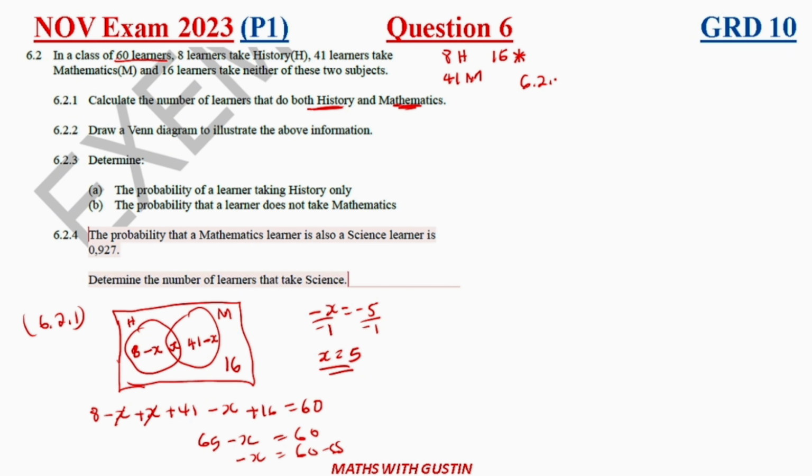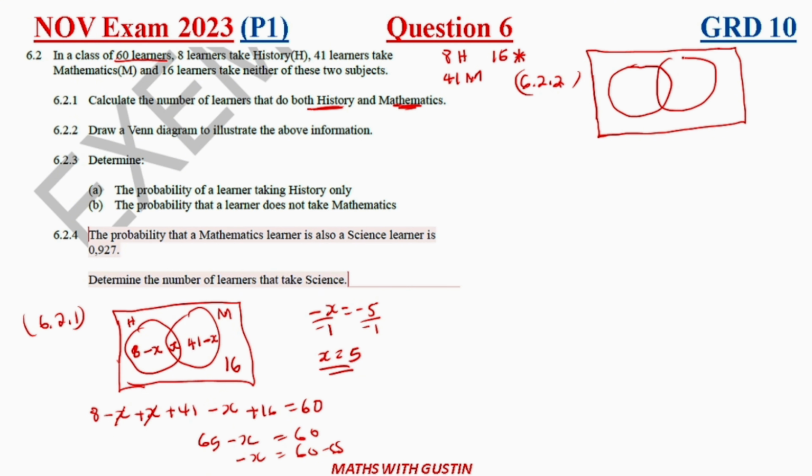So 6.2.2, they are now asking us to draw a Venn diagram to illustrate the above information. So we have to draw the Venn diagram again, but now they are asking us to draw it properly without the x values that we put there initially. So here is our Venn diagram. We found that x is 5.